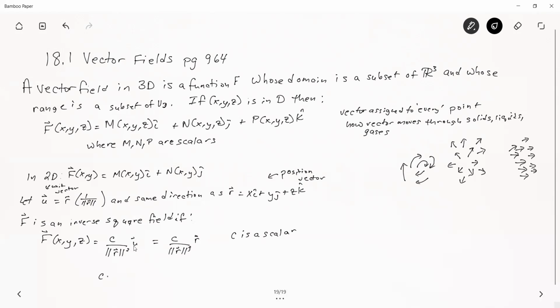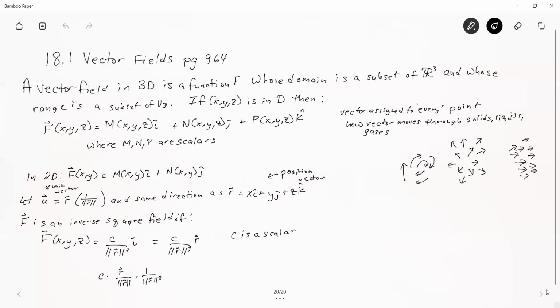So it's c times our unit vector, which is r over the magnitude of r, times 1 over the magnitude of r squared, which is what gives us r over the magnitude of r cubed times whatever that scalar is. Okay, so that's just the math.